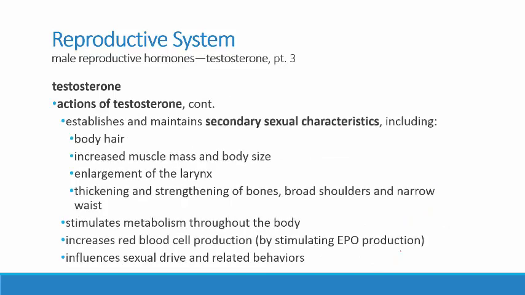Testosterone will also establish and maintain what are referred to as the secondary sexual characteristics. So if the primary sexual characteristics are all of the organs of the male reproductive system, testes and the scrotum, the penis, the prostate gland, the bulbourethral gland, all those glands, all of those are primary sex organs.